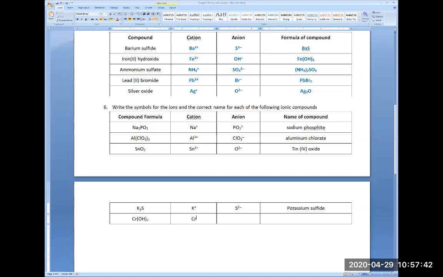And chromium is in the B groups. It's in group 6B, atomic number 24, and it's a transition metal, right? If it is a transition metal, it's most likely a variable charge metal. So we don't know the charge on chromium. So we will have to find out from the formula that is given here, Cr(OH)2.